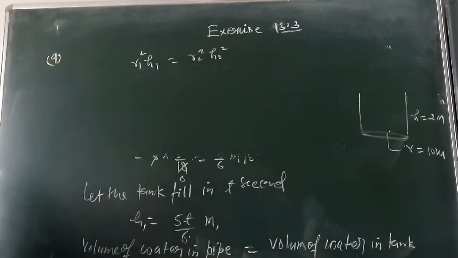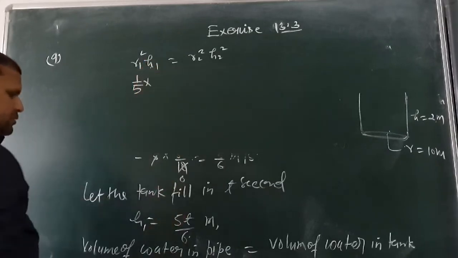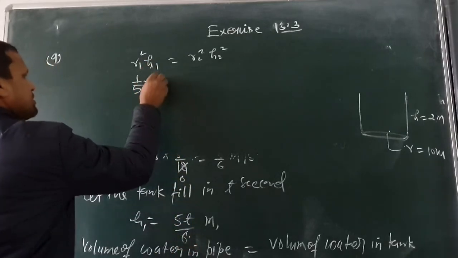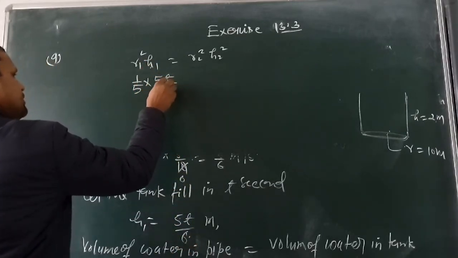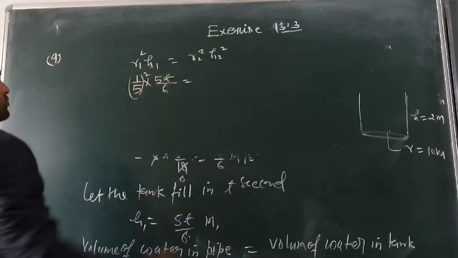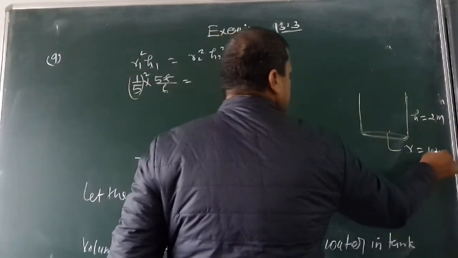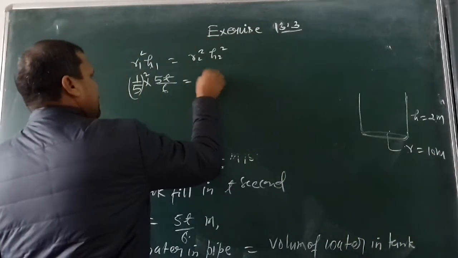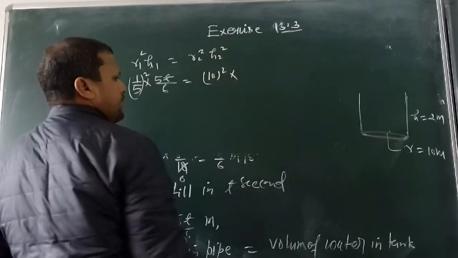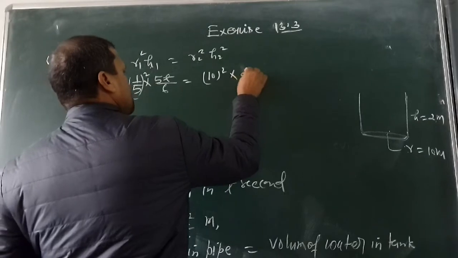Okay? R1 square is given 1 by 25 and H1 equal to 5t by 6. R2 square here, 10 square, H2 is 2.